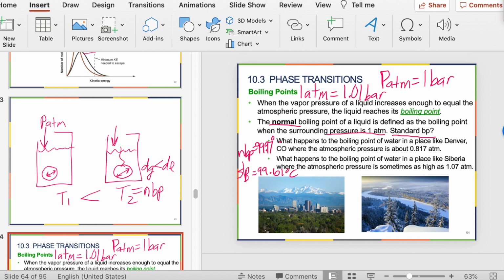Sorry, it's not 100. I guess when more careful measurements were made, they decided, normal boiling point 99.97, not 100. Okay, now this asks the question, what happens to the boiling point in a place like Denver where the external pressure is less, and compare that to Siberia where sometimes the external pressure is higher.